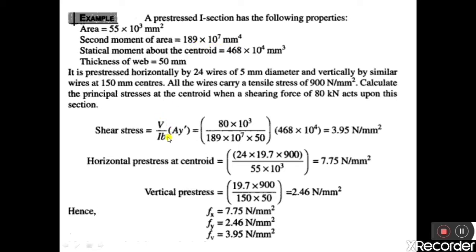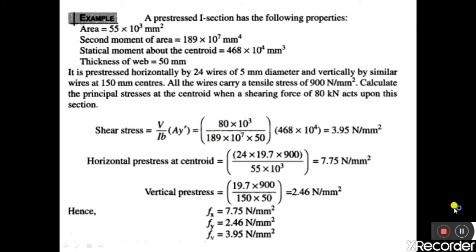B is the width of the section, which is 50 millimeter, and A Y bar is given as 468 into 10 to the power of 4 millimeter cube. Substituting all these values, we get 3.95 Newton per millimeter square. Therefore, the maximum shear stress developed in the section is equal to 3.95 Newton per millimeter square.